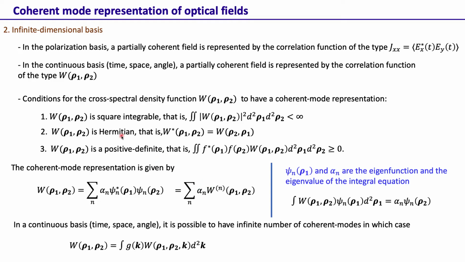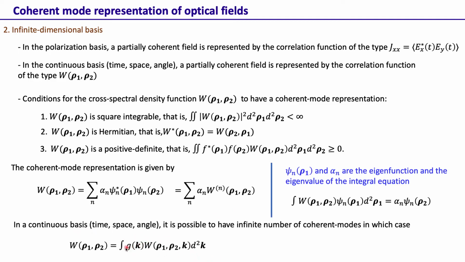Essentially, the coherent mode representation is finding the diagonalization, and of course, if there is no degeneracy in the eigenvalues, then this representation is unique, just like diagonalization. If there is degeneracy in the eigenvalues, then one can have manifolds of coherent mode representation. Okay, and this is for the continuous basis.